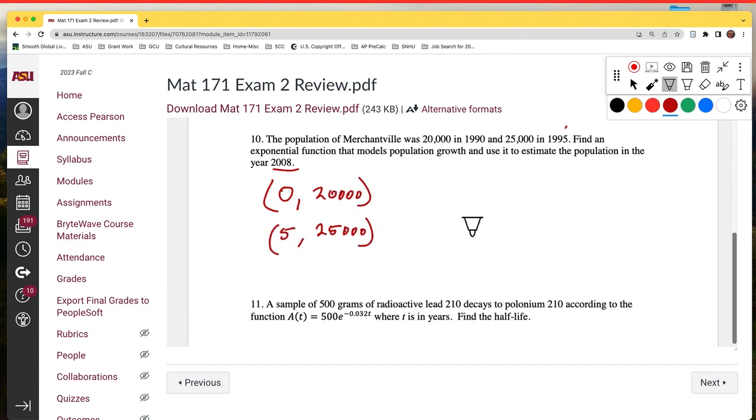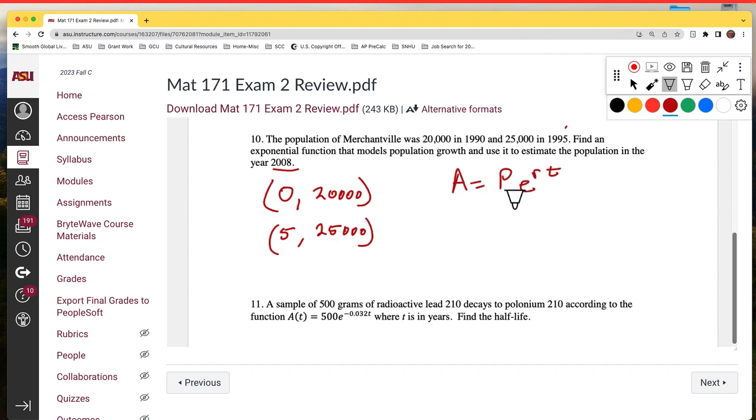And an exponential model we could use with population growth. A equals P, use that one. Since we made 1990 year 0, this is our starting value, 20,000.